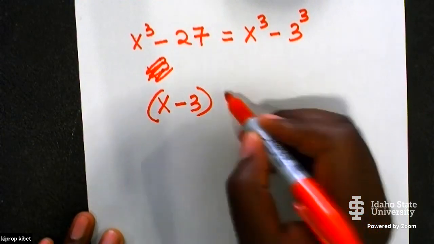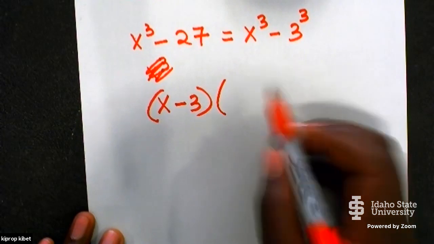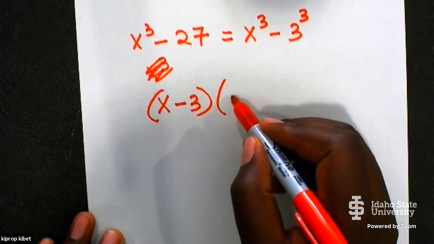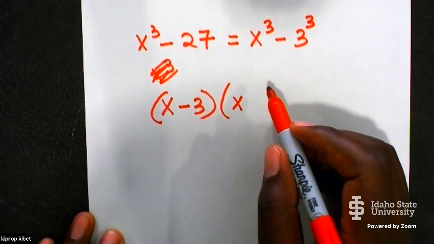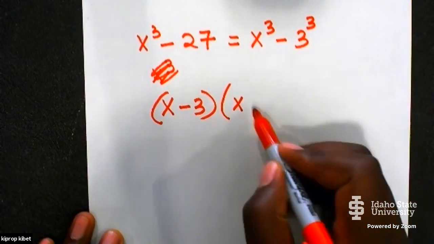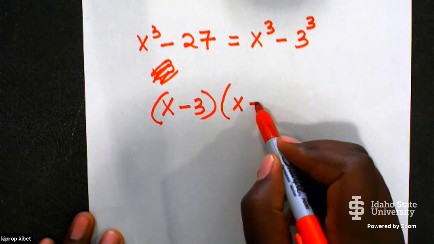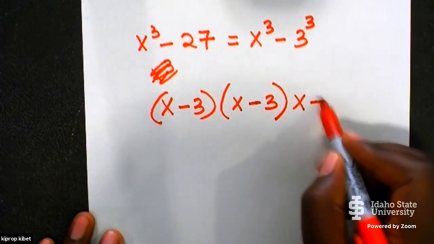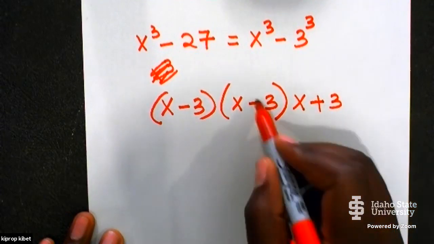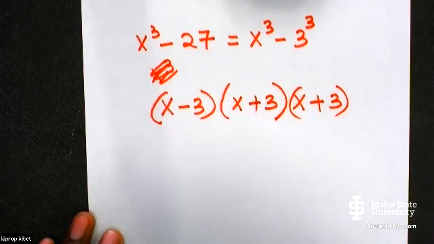And then what? We have x minus 3, and then also we have x plus 3, x plus 3.